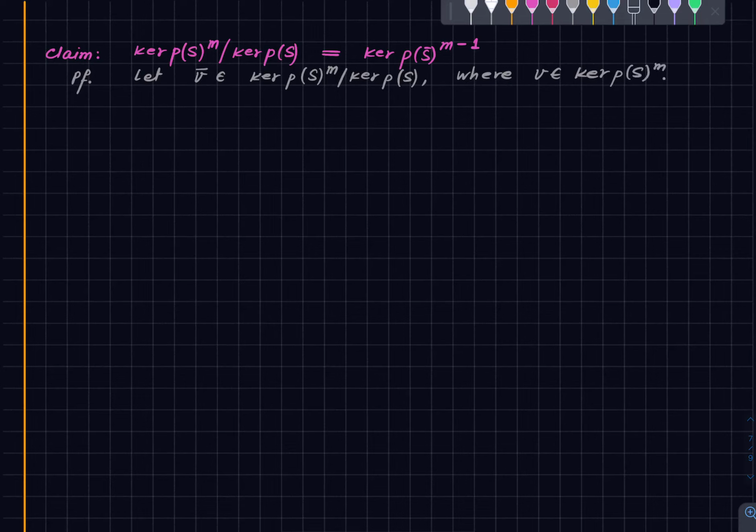So an arbitrary element here looks like this, where little v is just some arbitrarily chosen element here. So therefore, this is 0 just by this fact, which implies Ps of Ps to the power m minus 1 of v is 0.